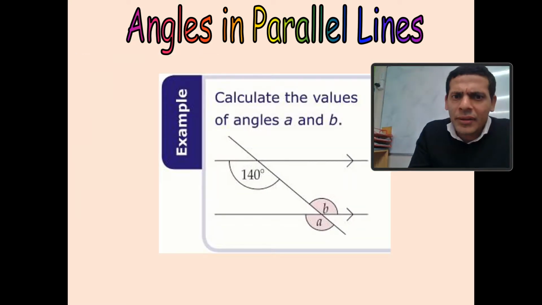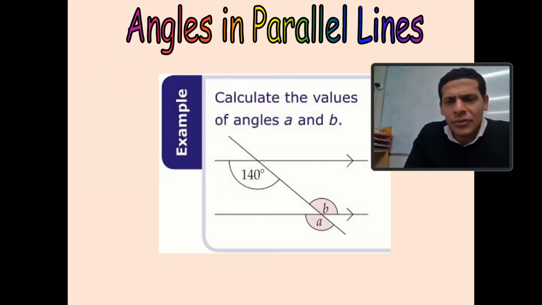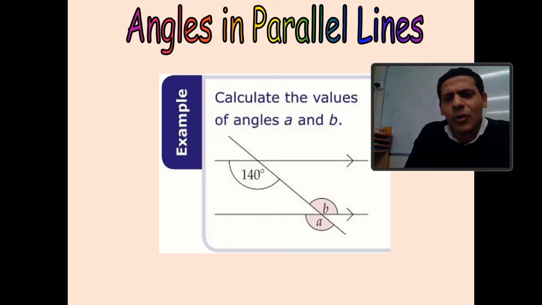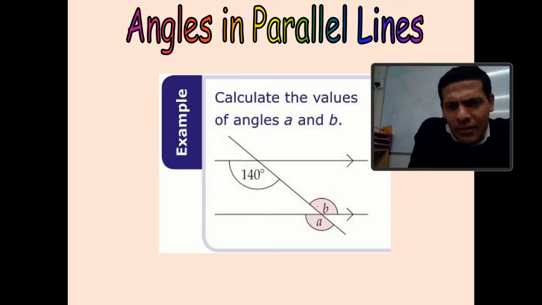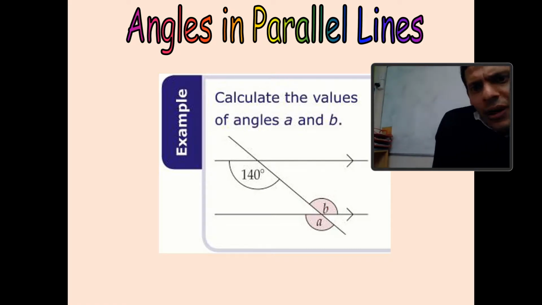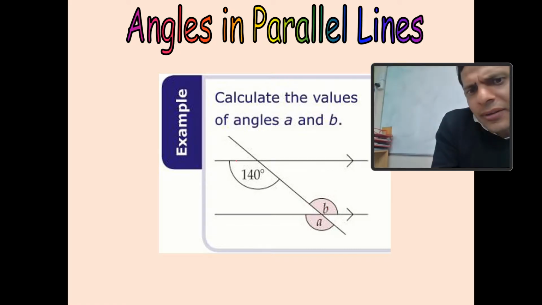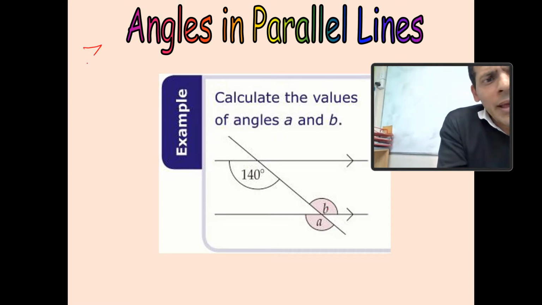The third type of angles we name co-interior angles, and we will study these later. Now, how do you find the angles B and A if you are given this angle 140 degrees? If you look here, what letter can we see? So far we studied two letters, Z and F. Yes, the Z letter we name alternate, and the F letter we name corresponding.